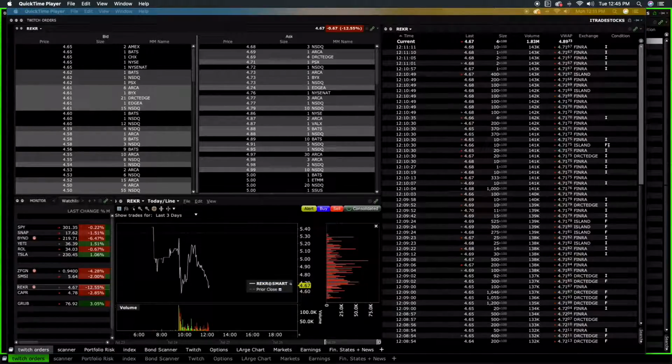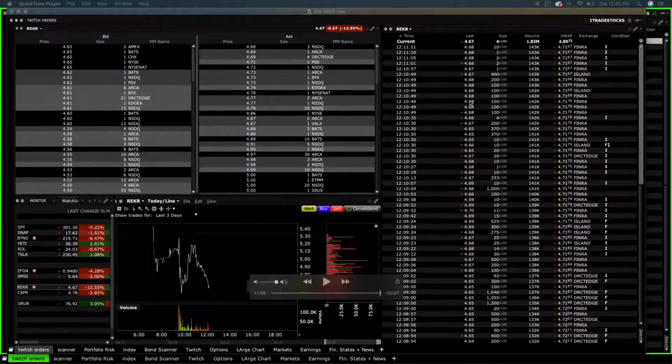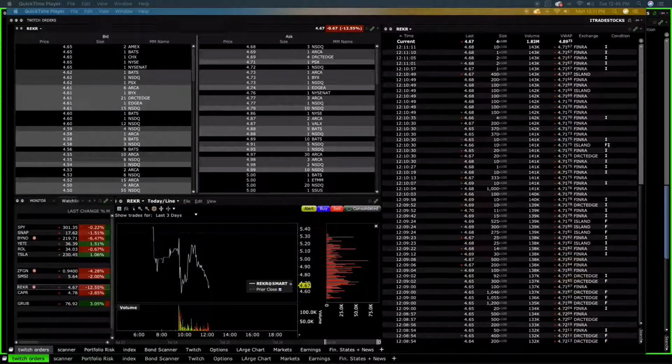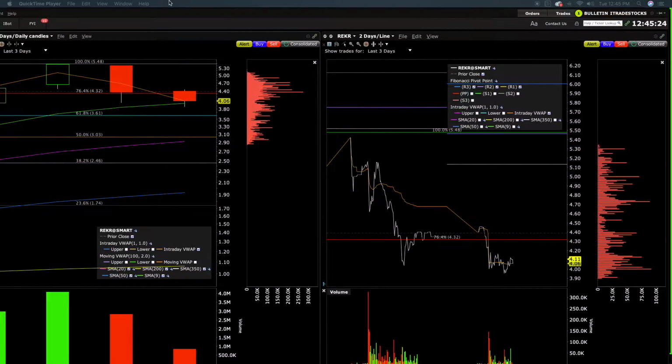So if we were to take a look at this stock today, right? I filmed this yesterday because I was short yesterday and I was researching this company, or I was in this trade. So if we take a look today, this is the chart.